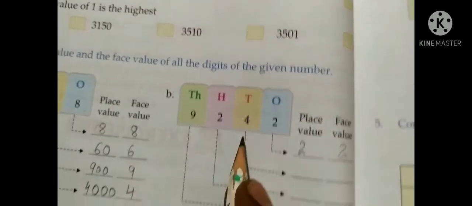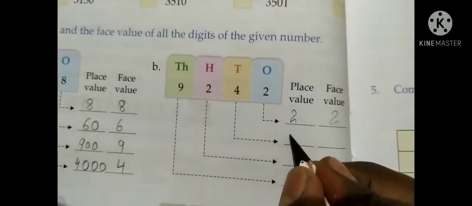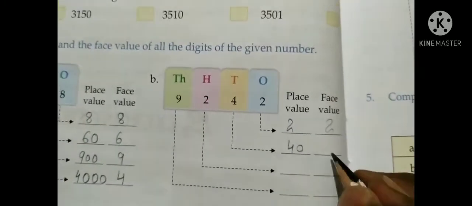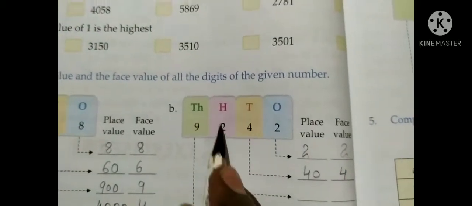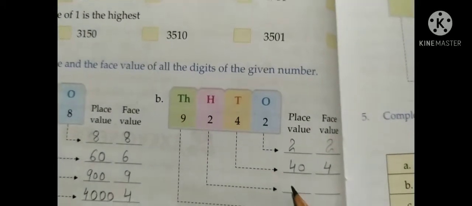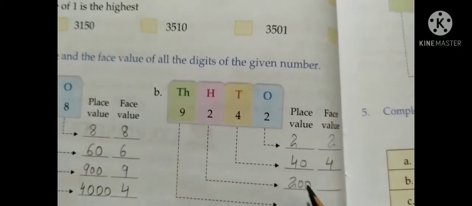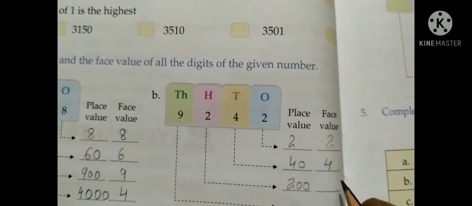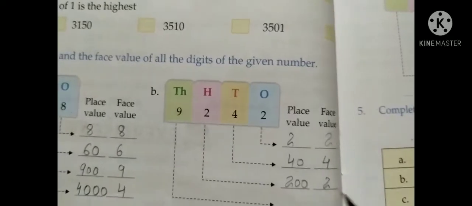Then 4 is on tens place, so 4 into 10 is 40, and the face value is 4. Then 2 is on 100 place, so 2 into 100 is 200, and the face value is also 2.